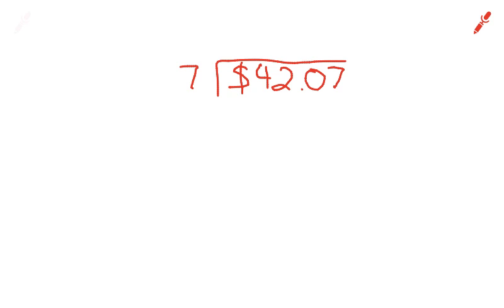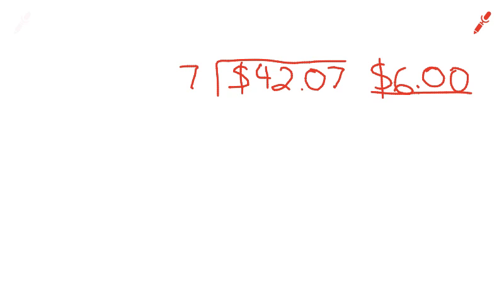First, let's do an estimated answer and write it in the blank. $42.07 is close to what? It's about $42. How many times does 7 go into 42? It goes in 6 times. So our estimated answer is going to be $6.